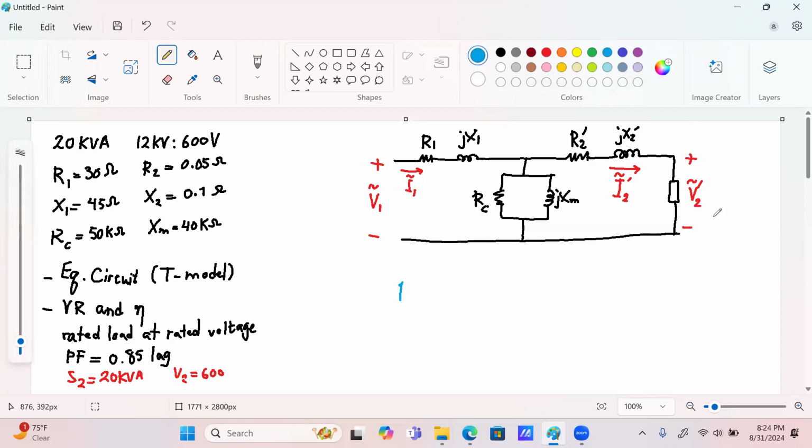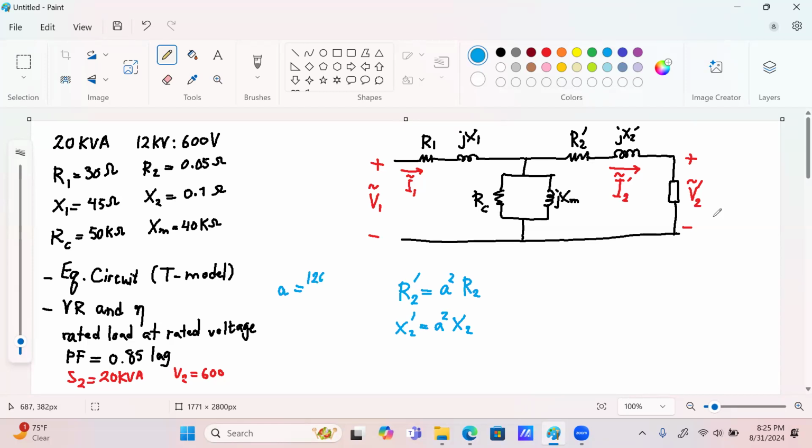Remember that R2 prime, secondary referred to the primary, is A squared R2. And X2 prime is A squared X2. A is the turns ratio based on our definition, the voltage on the primary side to the voltage on the secondary side.